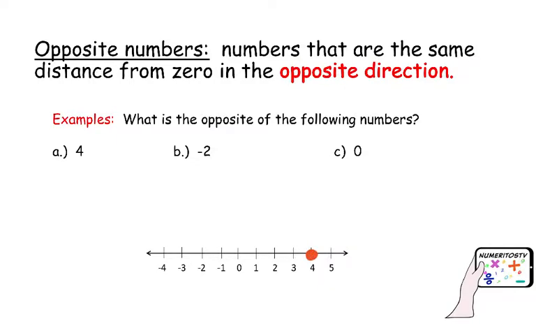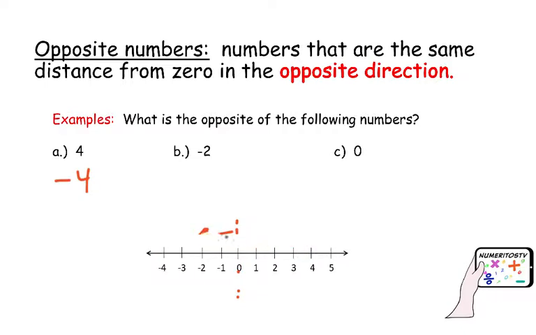If I want the opposite, I am going to find the same number but in the opposite direction. So the opposite will be -4. If you observe, it's the same distance, 1, 2, 3, 4, but in the opposite direction. So the opposite of 4 is just -4.